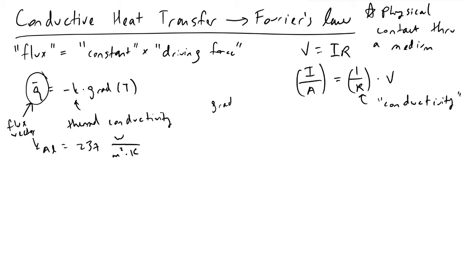And so the gradient of temperature is equivalent to the partial derivative of your temperature profile in the x direction, partial derivative of temperature in your y direction, and partial derivative of temperature in your z dimension. And of course, you would have i, j, and k hat if you wanted to represent your vector differently. But the point is, taking the gradient of your temperature will actually give you a vector, and that's the reason why you need to consider your heat flux as a vector in this instance.